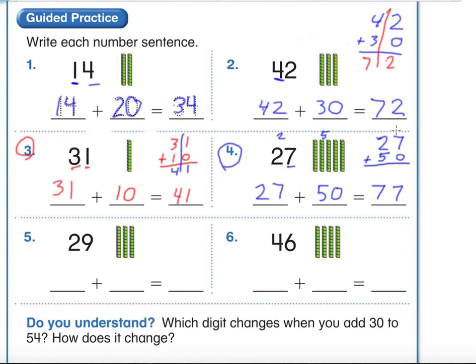And then we get our little dividing line out to make sure we don't mix up any of our houses here. So 7 and 0 makes 7, and 2 plus 5 makes 7. And either way, you get 77.